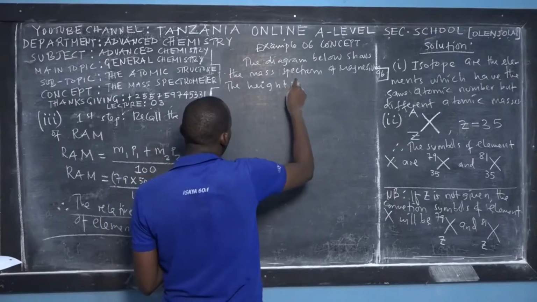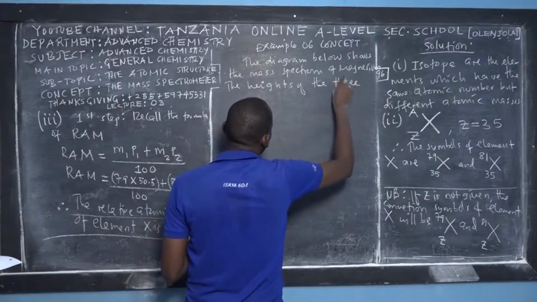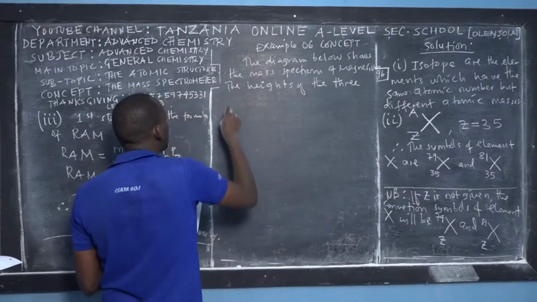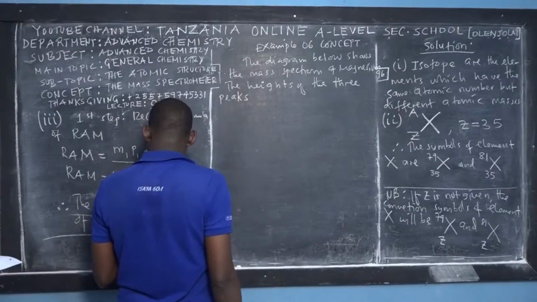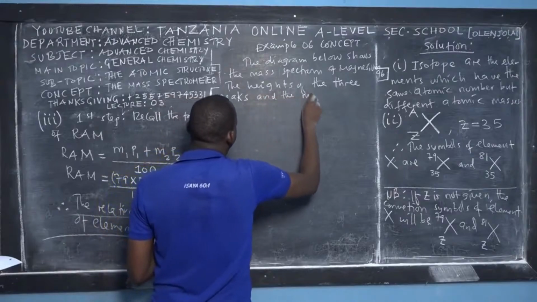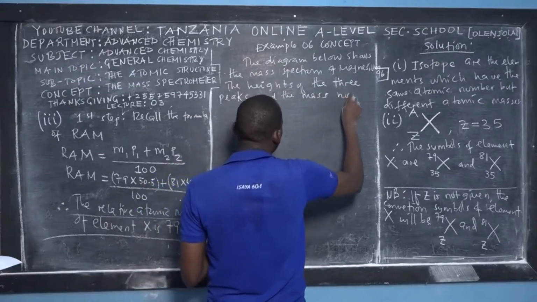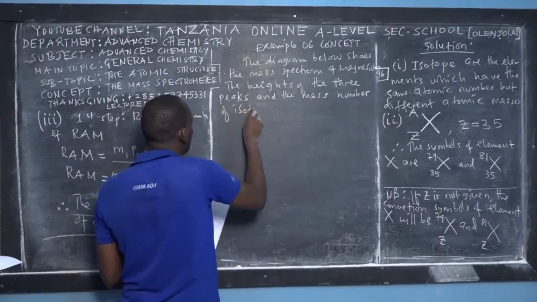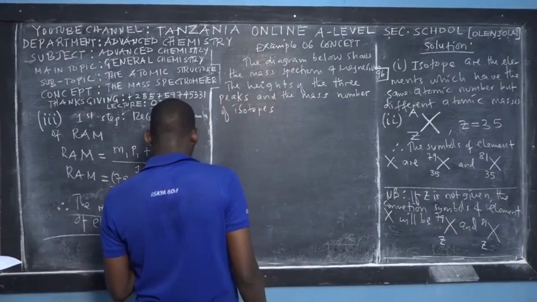The heights of the three peaks and the mass number of isotopes are shown.